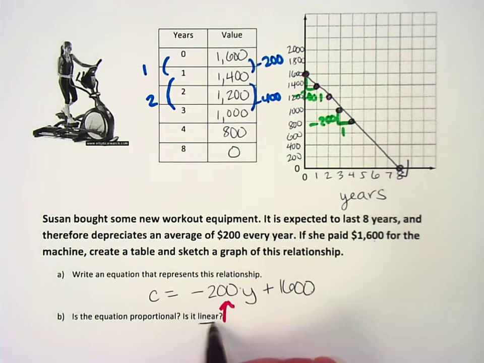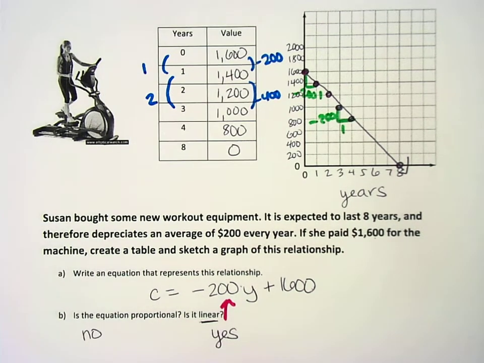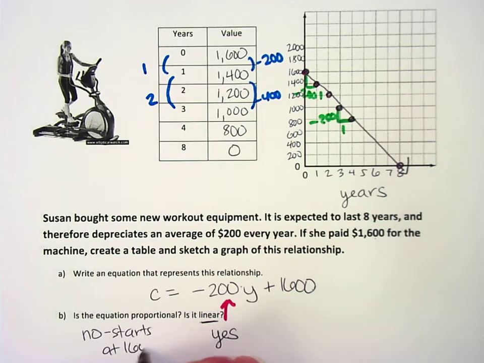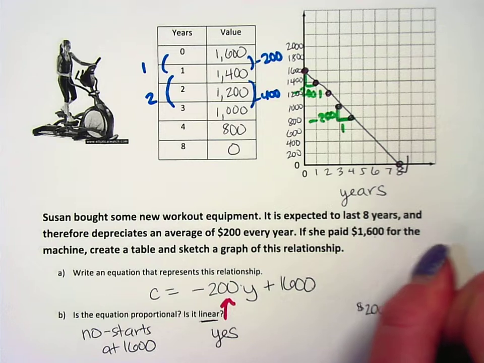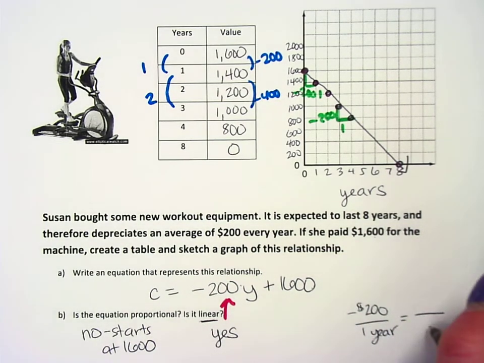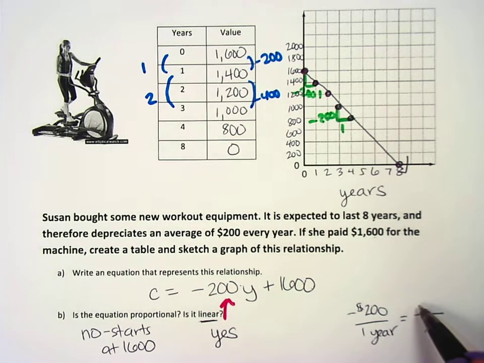Yes, my graph is linear, okay, but no, it's not proportional because it starts at 1,600, right? I couldn't write a proportion that did negative 200 for every 1 year, because if I was going to find X number of years, let's just say 4, negative 200 times 4 should be negative 800.